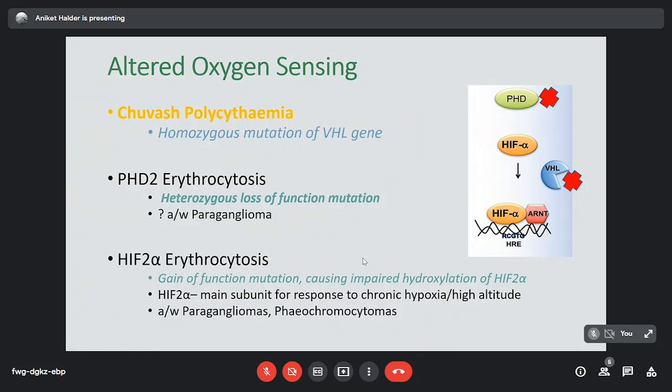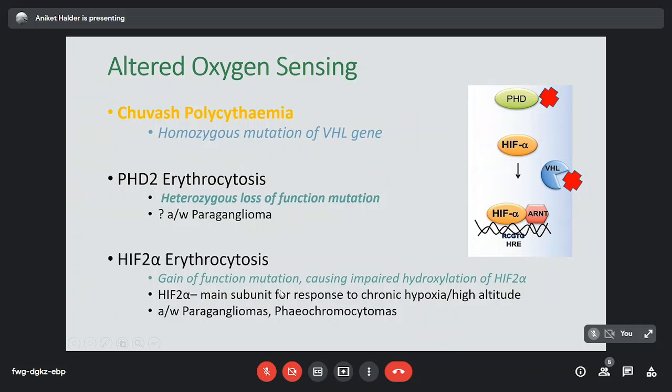Because if there is a gain of function mutation, this HIF alpha escapes the degradation and binding of the VHL molecule. So if VHL molecule cannot bind to this HIF2 alpha molecule, it easily translocates into the nucleus, causing increased transcription and increased production of erythropoietin, resulting in erythrocytosis.